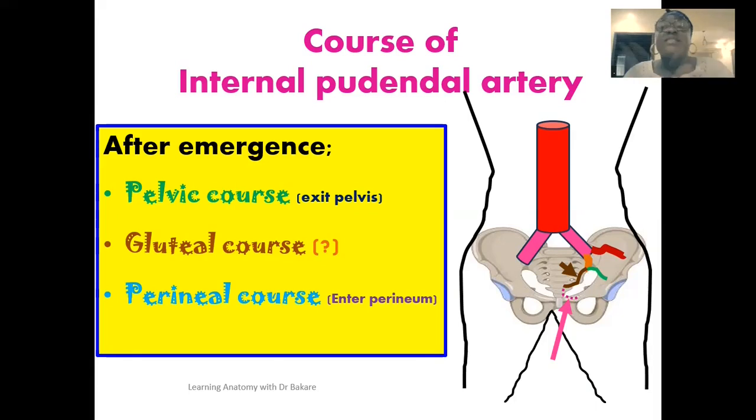So finally, it is going to have the perineal course, which is a region where it will give off its branches to supply the different organs located within that region. So we are going to take the different sub-regions relating to the course that it runs, establishing the events that occur around this space, and finally highlighting the different branches that we have.